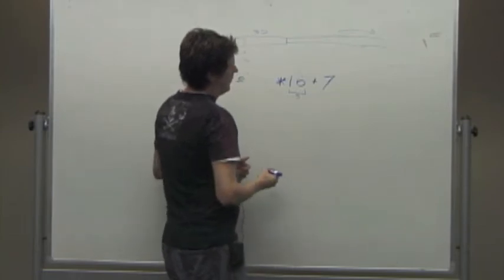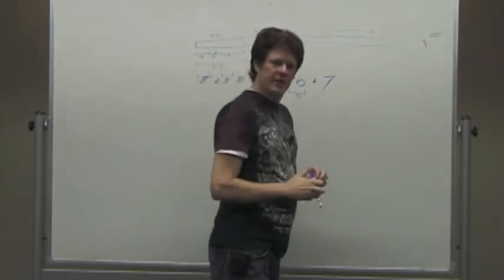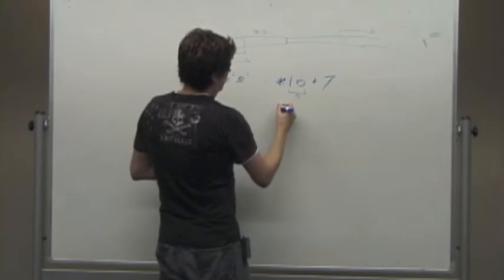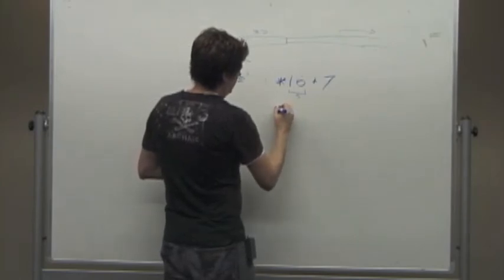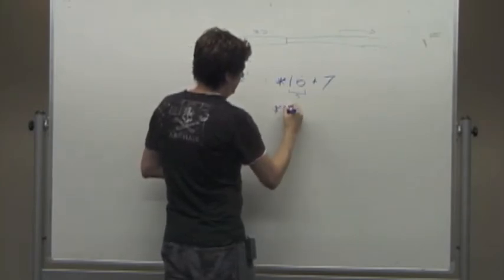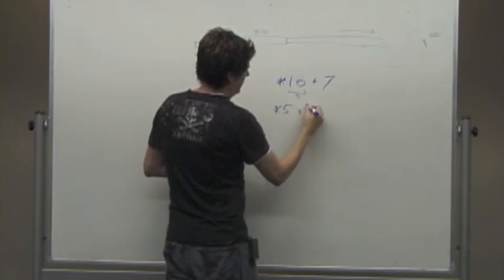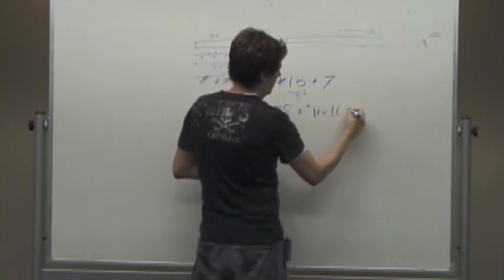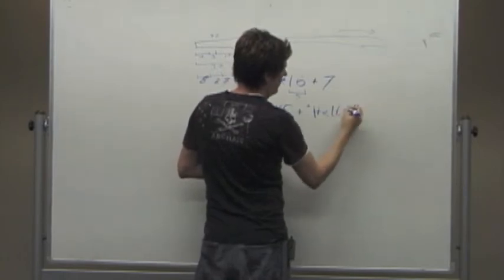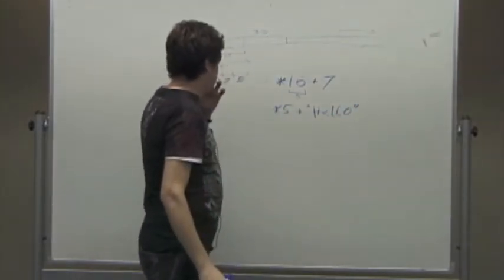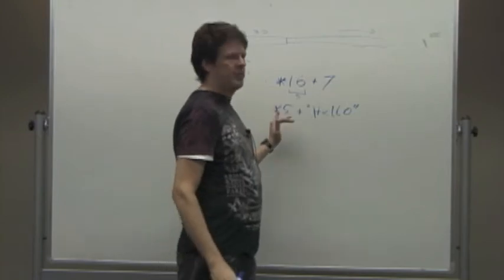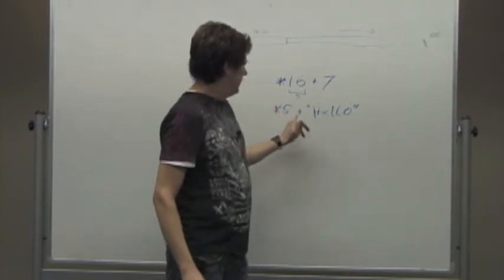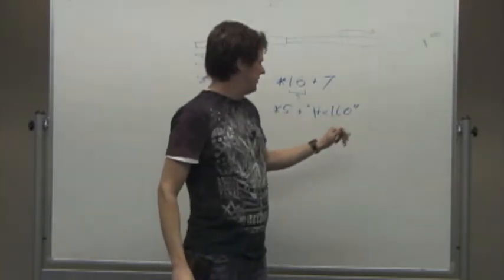But we can use other units, so let's use bytes. Here's how we would do that: times 5 plus HELLO. So that is a system with 5 bytes, and here's the value it is.